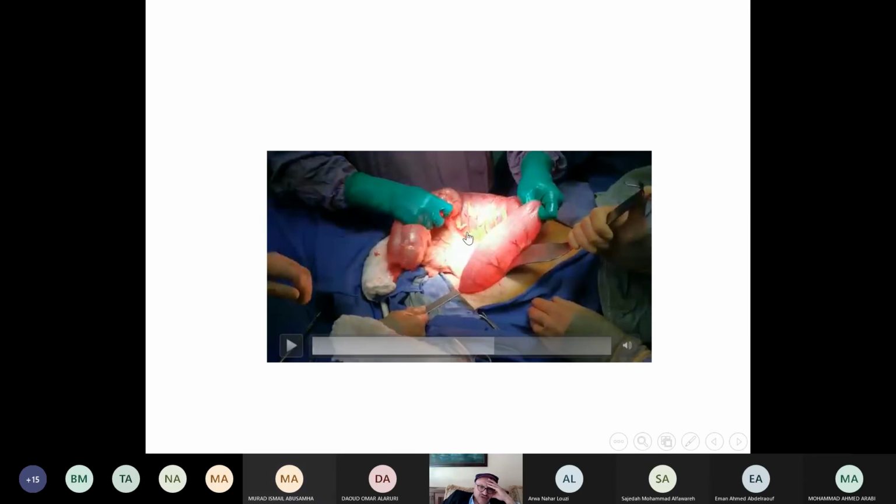Right side. Yes, right and upper. The more the dilatation increases, the more it goes to the right upper, because that is the site of the dilatation of the sigmoid. People may not imagine how the sigmoid will cause the distension there, because this is the position that occurs in volvulus.